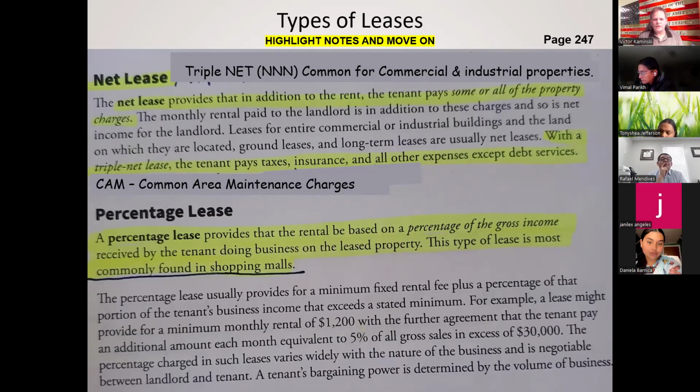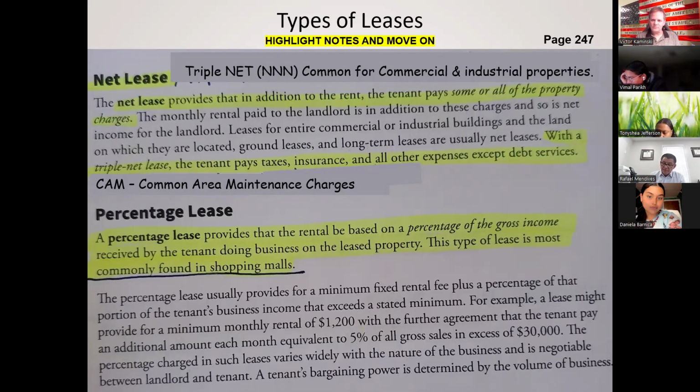Now, the landlord can write this up in many different ways in the lease. It could be that the tenant pays a small fixed rent and a percentage of the income above a certain dollar amount, requiring that the tenant earn at least a minimum dollar amount, to make sure the landlord's making enough money on it.